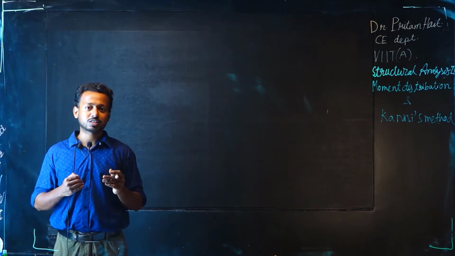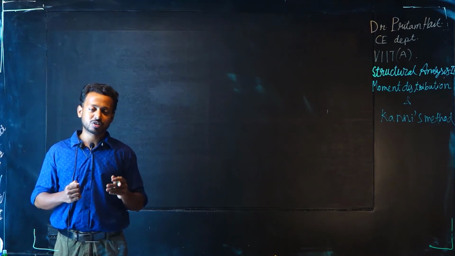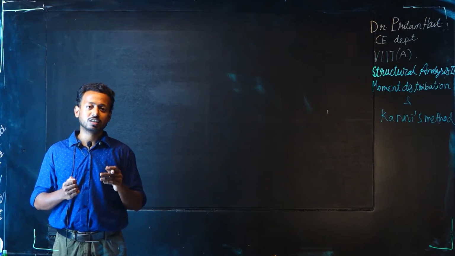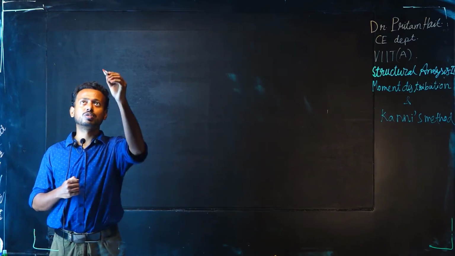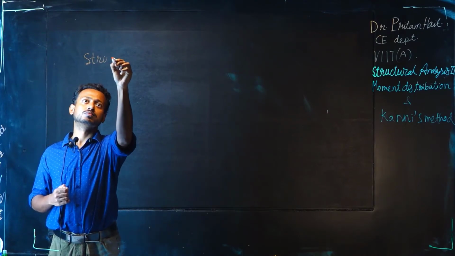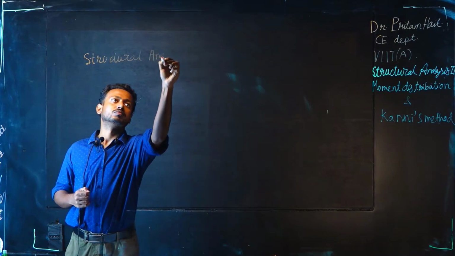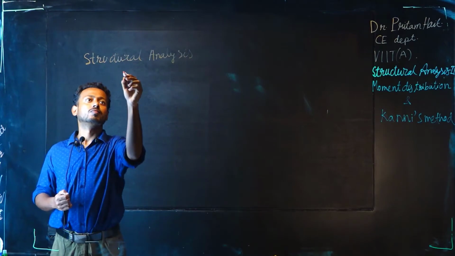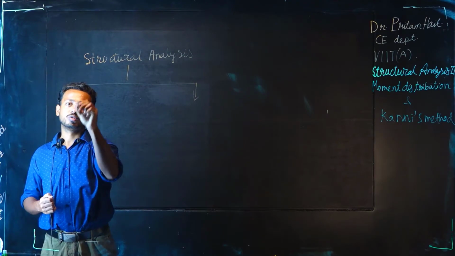First of all, structural analysis is a vast subject. It is a multi-dimensional subject. It has a classification, like it is linear, it may be non-linear analysis. So structural analysis can be classified into two categories.